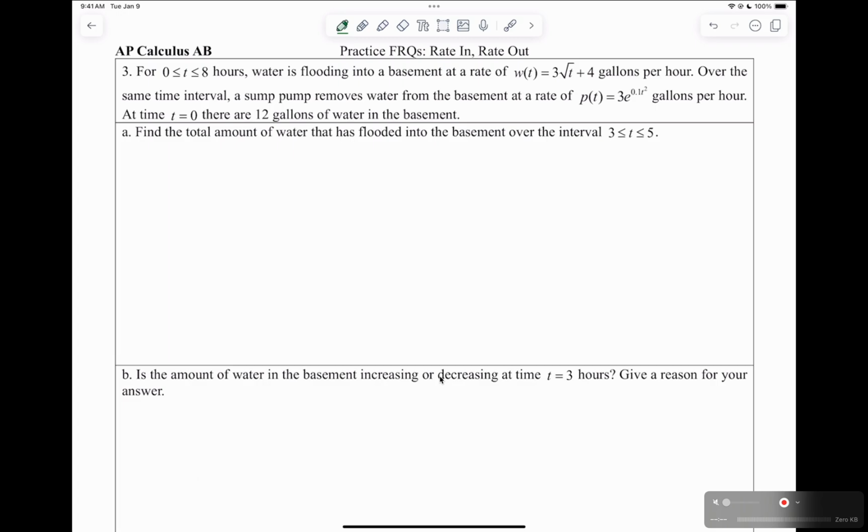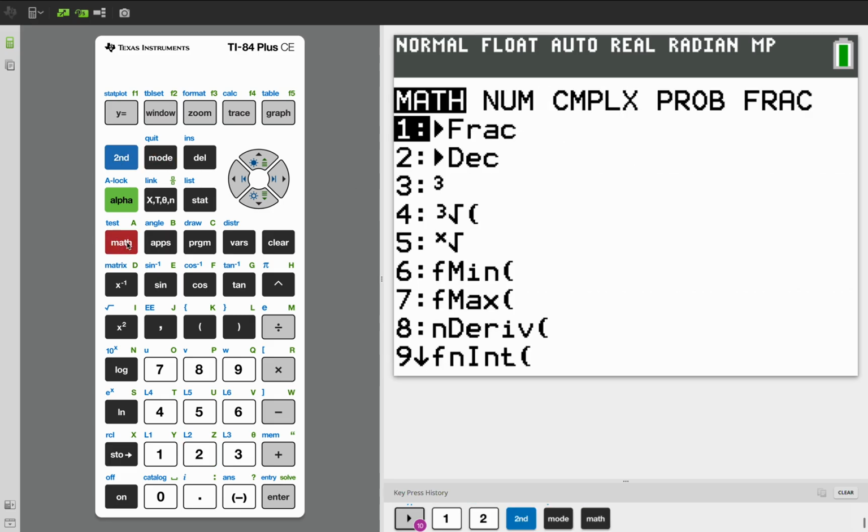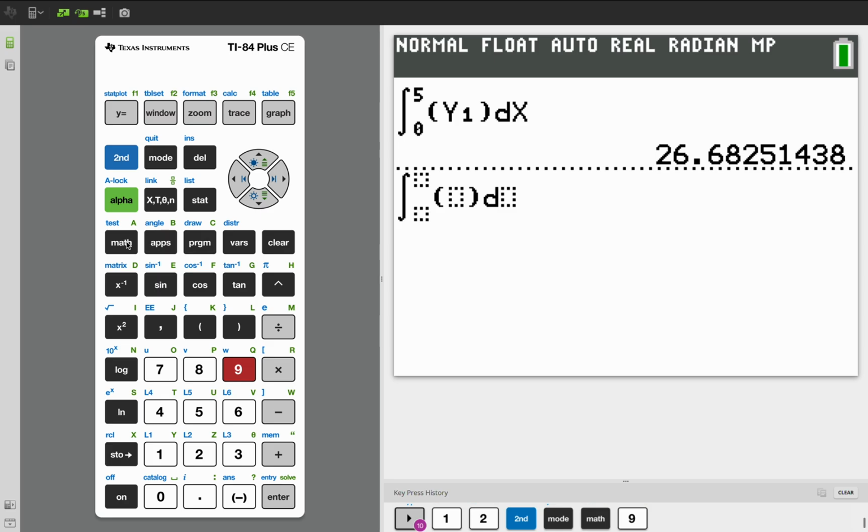So here for A, to find the total amount of water that has flooded into the basement over the interval from 3 to 5, that's just going to be the integral from 3 to 5 of W(t) dt. So W(t) dt is going to be y1, using math nth integral, 3 to 5, y1 dx.